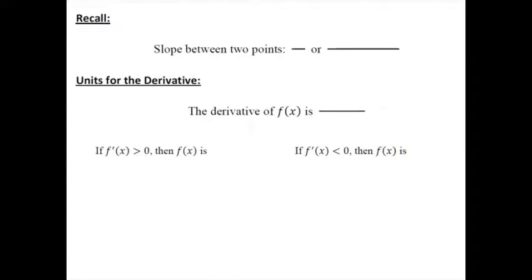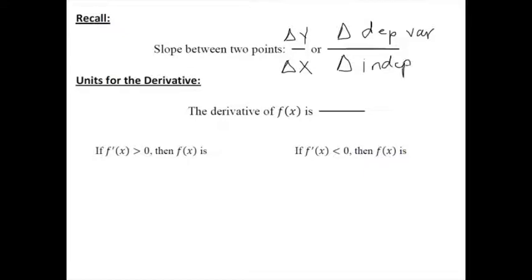Okay, here are just some notes to help you with the particle motion homework. The slope between 2 points, we've known that information for a long time. That is the change in y over the change in x, or we can call it the change in the dependent variable over the change in the independent variable.